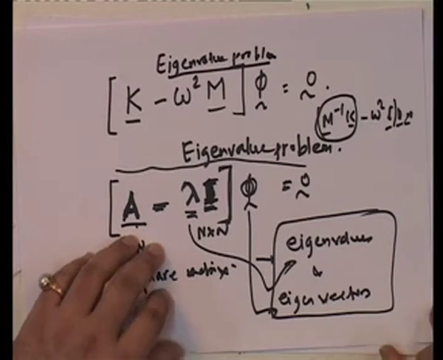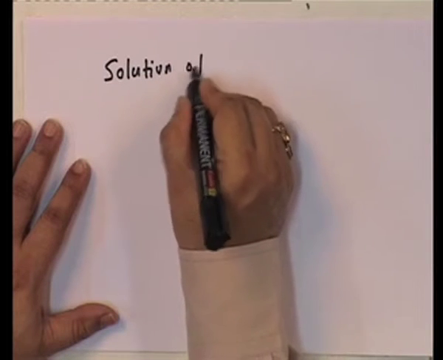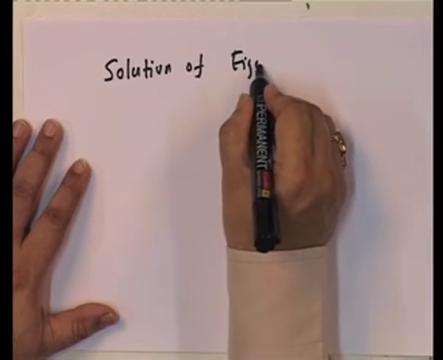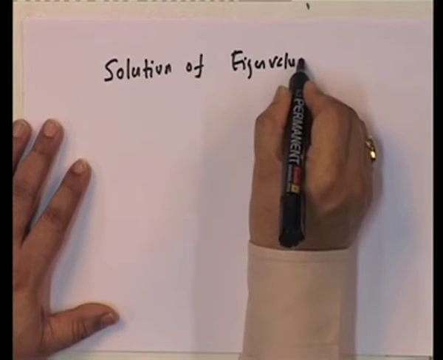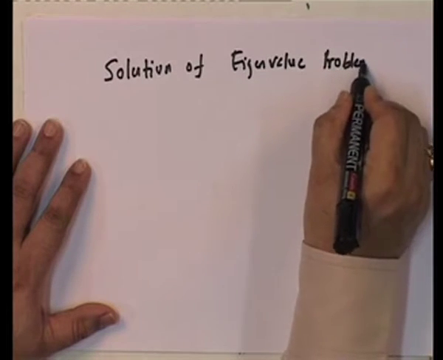Now, how do we solve this eigenvalue problem? Well, let us look at it. I am going to just put down the procedure for the solution of the eigenvalue problem.